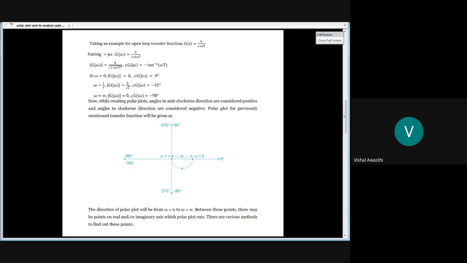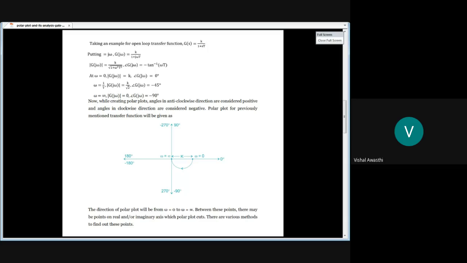So you will have a point at minus 45 degrees, and the length from the origin is K upon root 2. You can consider an arrow on the semicircle. So you have 3 points.